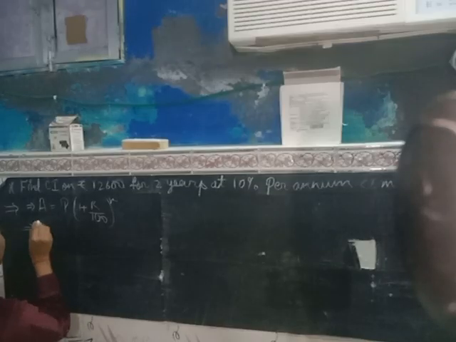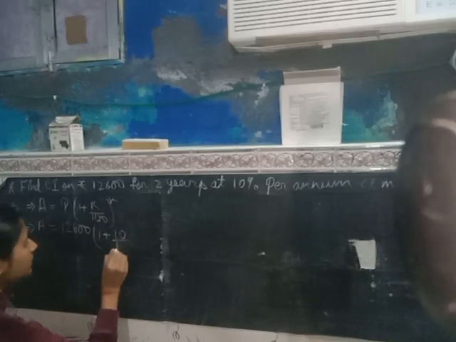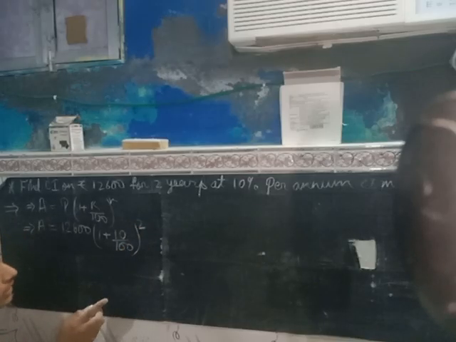So here the formula is amount is equal to principal, in brackets 1 plus r by 100, power n. So first I will find the amount. So the amount I don't know. Then principal is 12,600 and it is 10% by 100, and n here is 2.